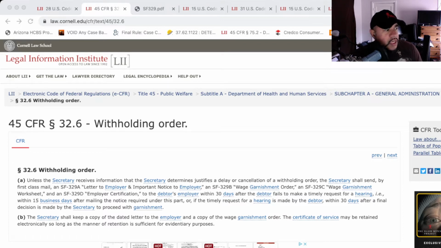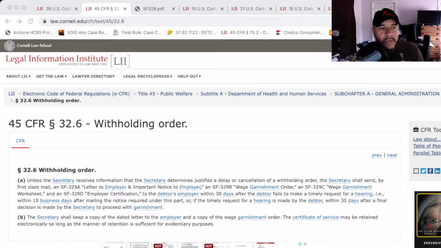According to 45 CFR 32.6, it must have an SF 329A form, an SF 329B form, an SF 329C form, and an SF 329D form.